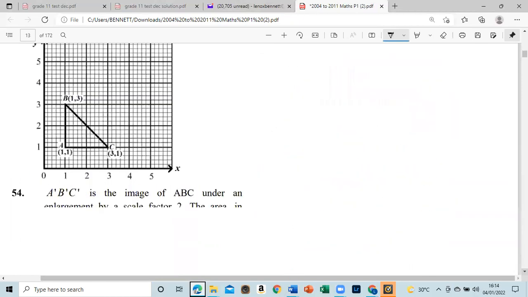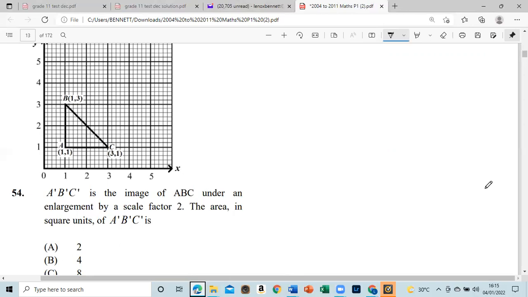54. A prime, B prime, C prime is the image of ABC under an enlargement of scale factor 2. The area in square centimeters of ABC is, alright, so I'm going to look for what we have first.